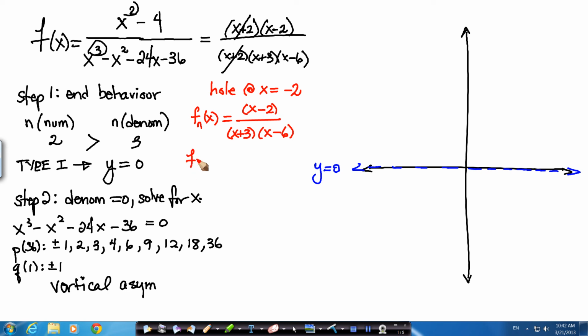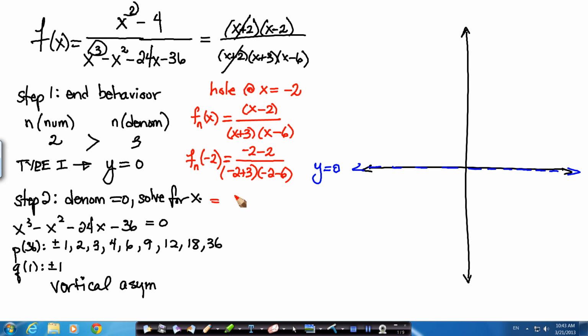So when we evaluate our new function at negative 2, we get negative 2 minus 2 divided by negative 2 plus 3 times negative 2 minus 6.